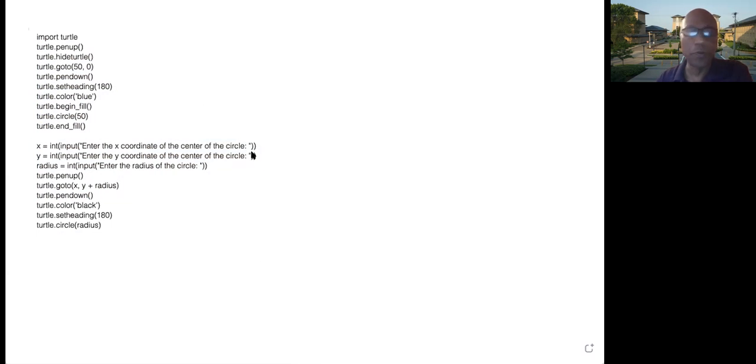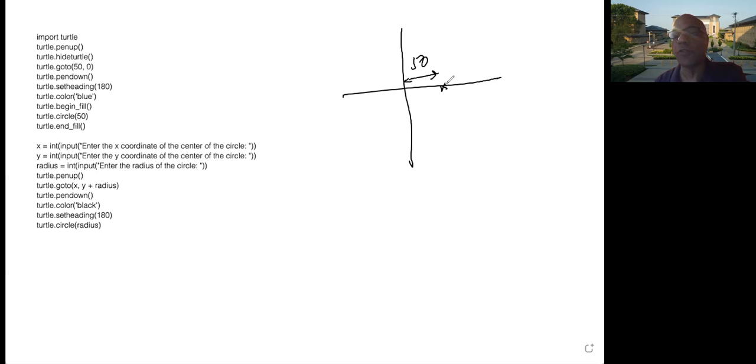The problem was to first draw a circle, I think at 50 minus 50. 50 units to the right, and 50 units bottom, I think, this way, 50, that is the center.